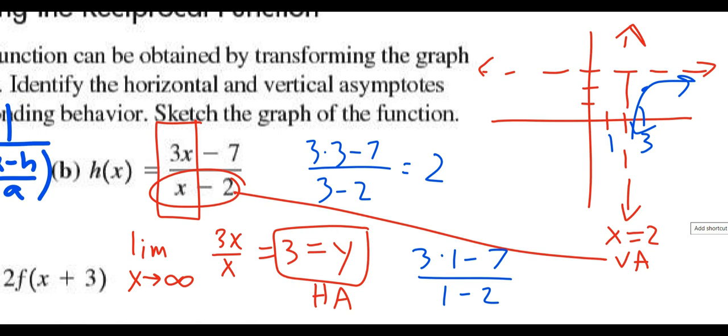What did you get? Is that tricky? 3 minus 7 all over negative 1. What do you got? Positive 4, thank you very much. So we know that this branch is up here.